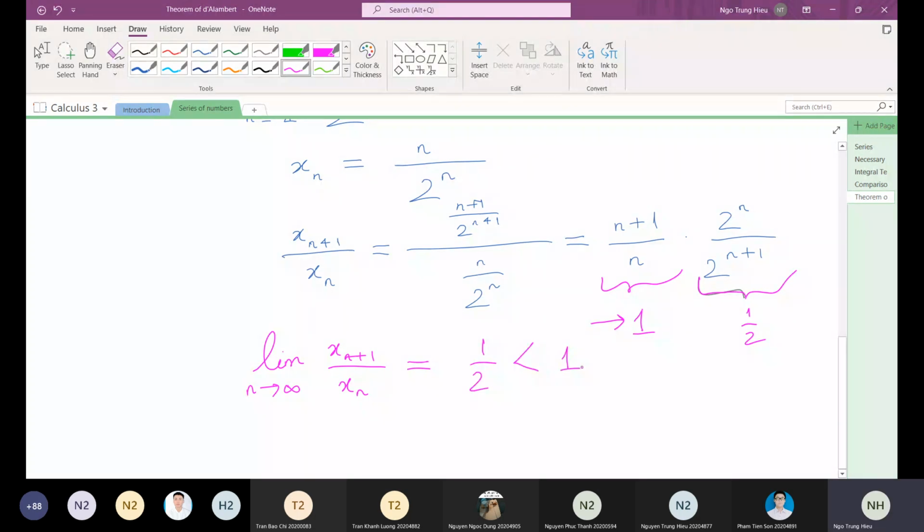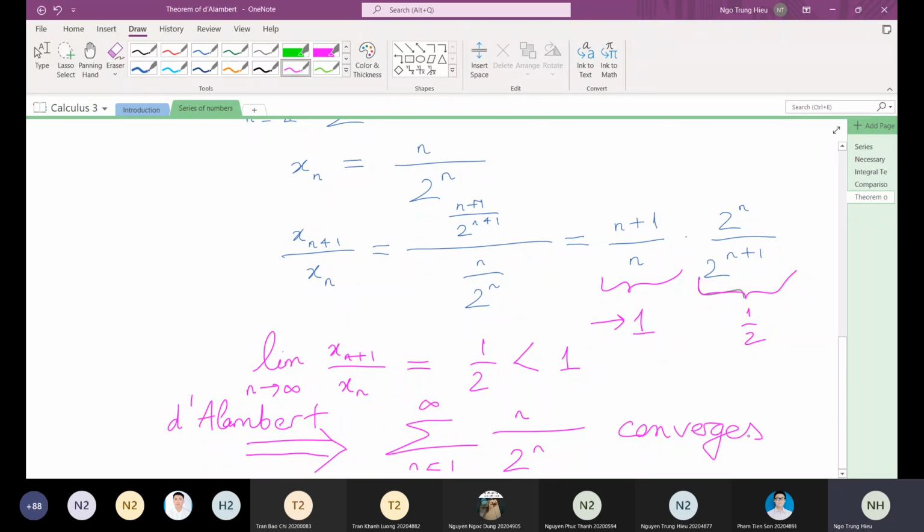So by D'Alembert, we conclude that this series converges.